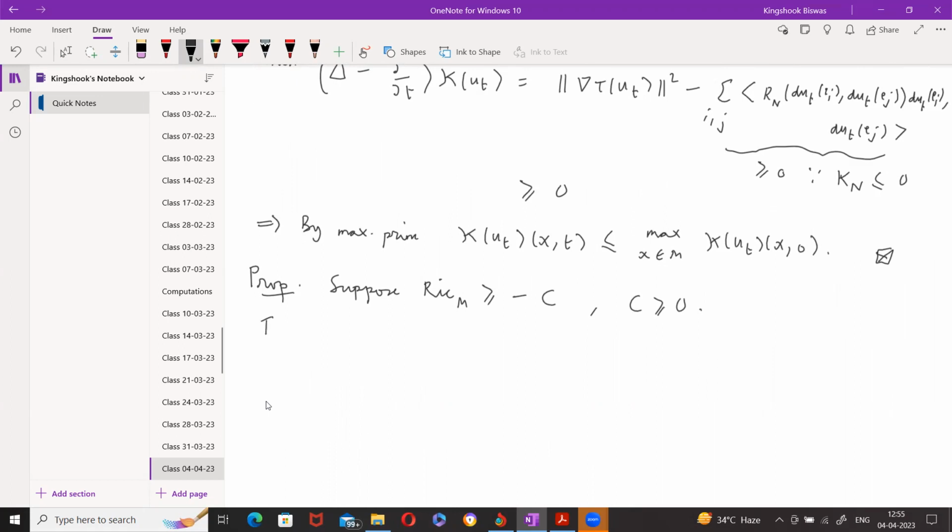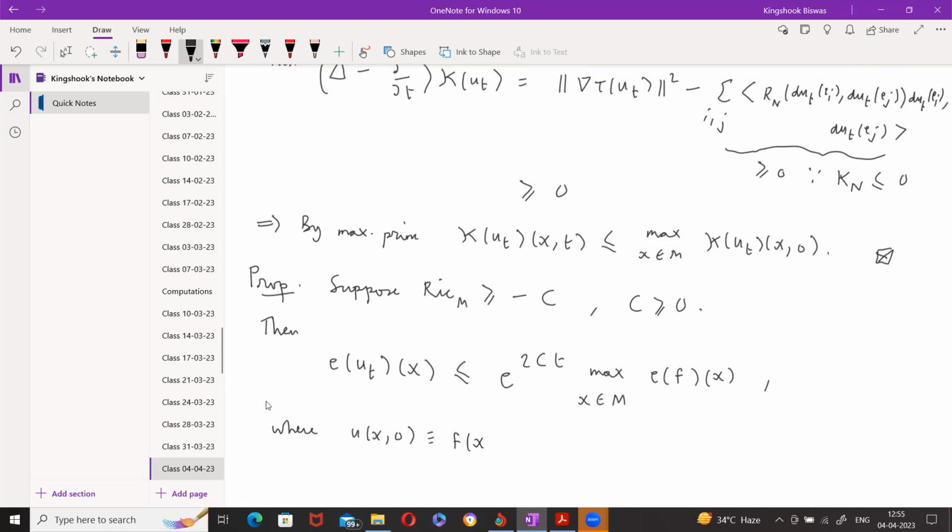So then what we get is that the energy of u_t at any x is less than or equal to e^{2Ct} times the max over x in M of the energy density of f at x, where u(x,0) equals f(x).